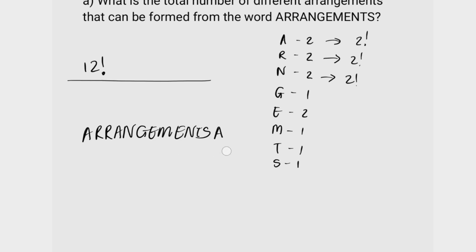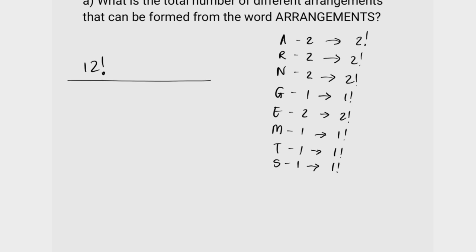So we're going to divide by the product of all of these. I'm just putting the G here to show you the point. You don't actually have to divide by 1, because dividing by 1 gives you the exact same answer. So we get the product of all of these and then divide 12 factorial by that.